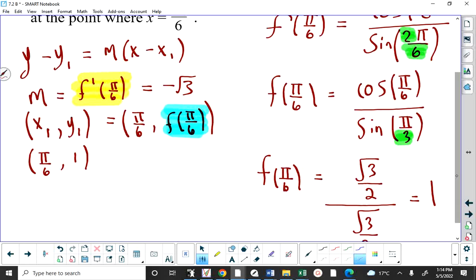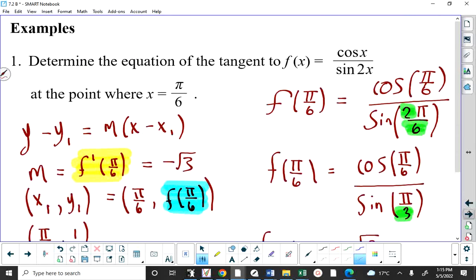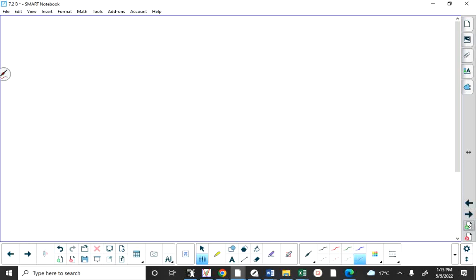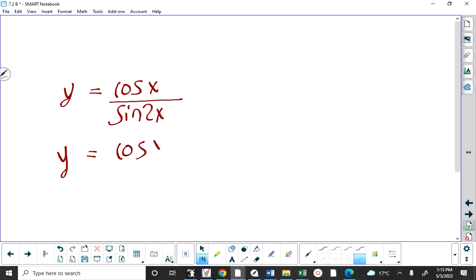The simpler way we could have done it is to take that function y equals cos x over sine 2x and say that's y equals cos x over 2 sine x cos x.